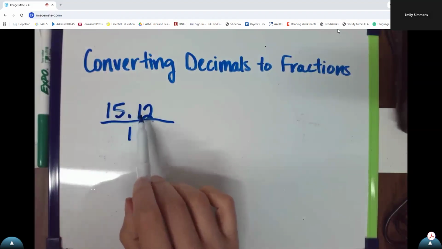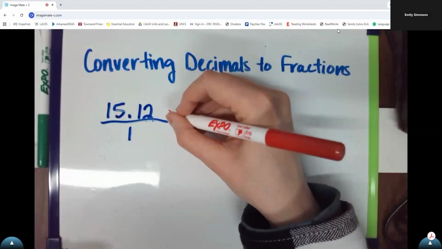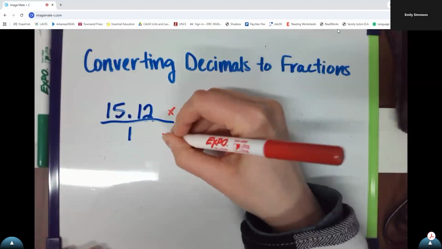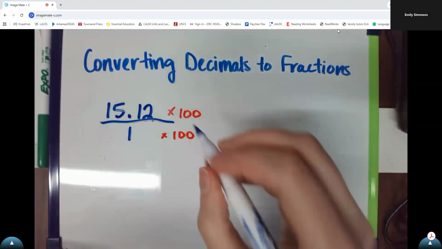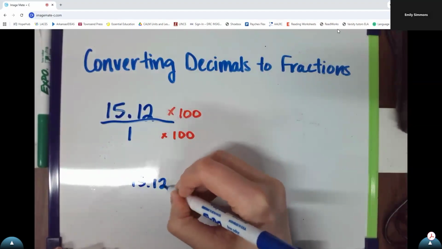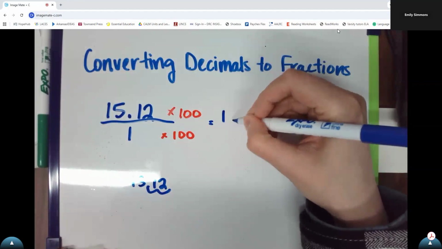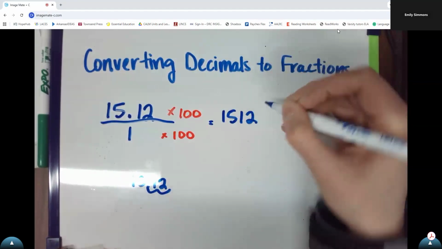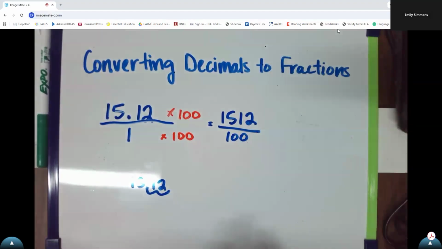So I've got my tenths, hundredths. So I'll multiply my numerator and denominator times 100. 15.12, move over my decimal, turns into 1,512, and then that's over 100.